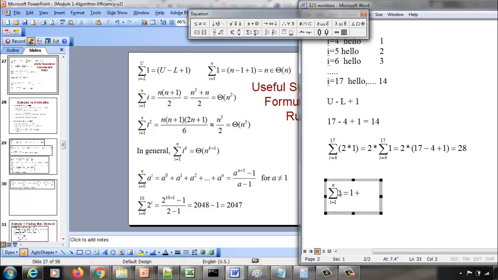Plus I equals 2, we have 2. Then I equals 3, 3. So on up to I equals n. So this is like 1 plus 2 plus 3 up to n.